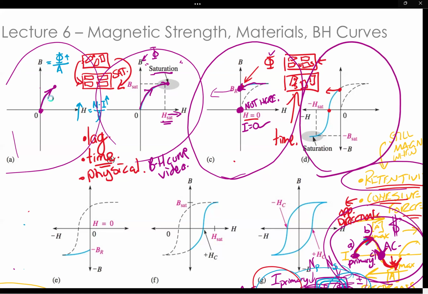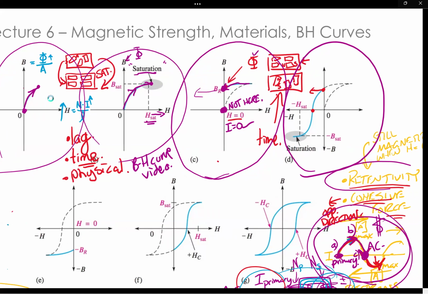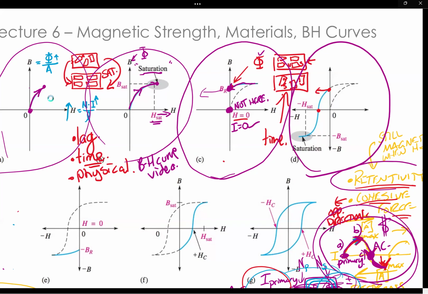Now that brings us on to point D. Here I am down here. I am now at D. I am applying a coercive force. A coercive force is a force in the opposite direction. Current went in the opposite direction in order to force this highly retentive material into losing its magnetic flux.